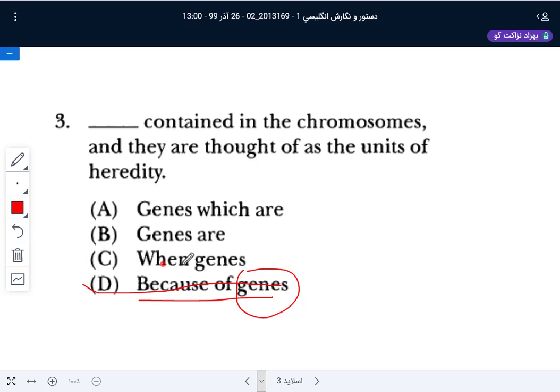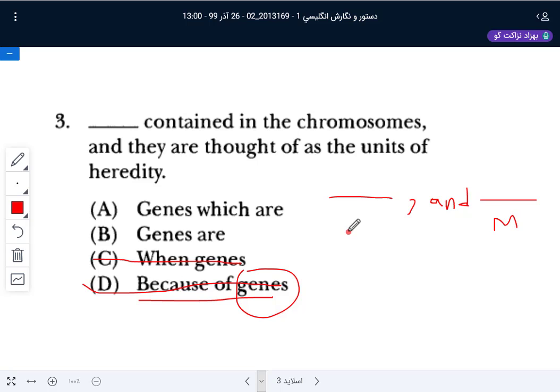Choice C, when genes contained. So this is again a subordinate clause connector. So immediately after this, we can't expect a coordinate conjunction because a coordinate conjunction conjoins two grammatically identical units. If this is a comma and this is one of the fanboys, I expect to see two main clauses, not subordinate clauses.